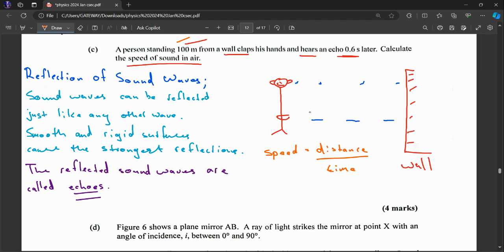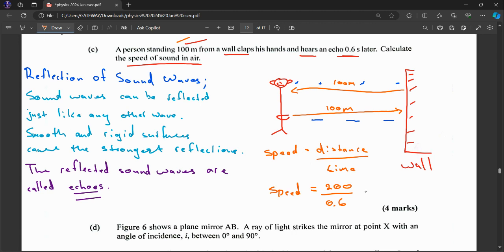A common error students normally make is that they just consider the 100 meters. But the sound going to the wall is 100 meters, and it bounces off the wall and comes back to person A, which is another 100 meters from the wall. So the total distance you have to put in the formula will be 200, and this happens over a period of 0.6 seconds. So it took 0.6 seconds for the sound of the clap to go to the wall, reflect back, and come back to the person's ears.